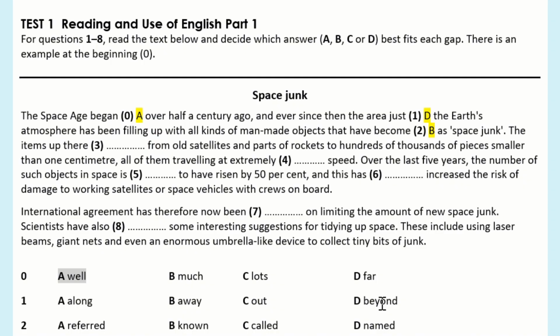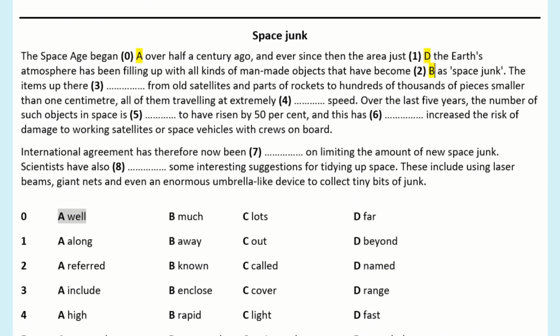So if you have, say, the road is beyond that fence or beyond the next village, and this is beyond the Earth's atmosphere. And then we have the expression have become known as, and those are just two words that go together in that expression, and none of the others are possible.